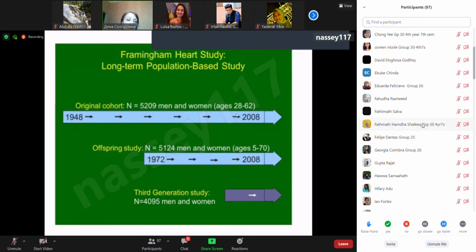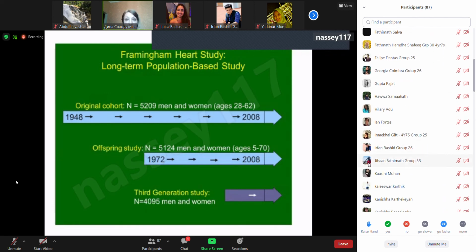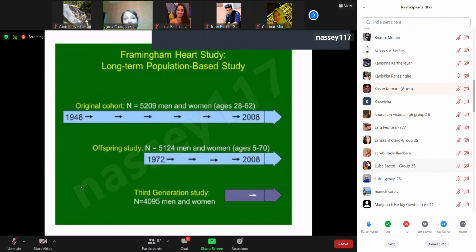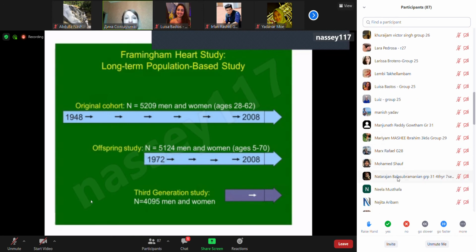They were followed up from 1948 until 2008. Moreover, it continued with the third generation, which included offspring, children and grandchildren of those people. This study was recognized as one of the best long-term population-based studies.